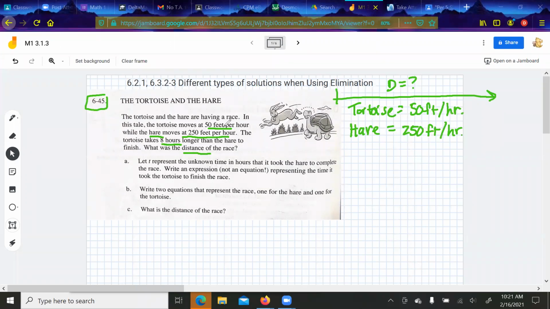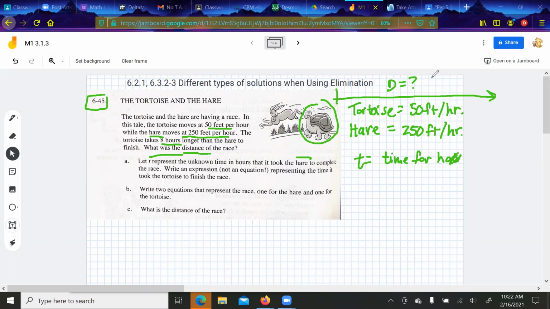Okay, 5 times faster. The tortoise takes 8 hours longer. Okay, and so he takes longer because he's going much slower, but it says to use T. Let T represent the unknown time in hours that took the hare. So T is the time for the hare.